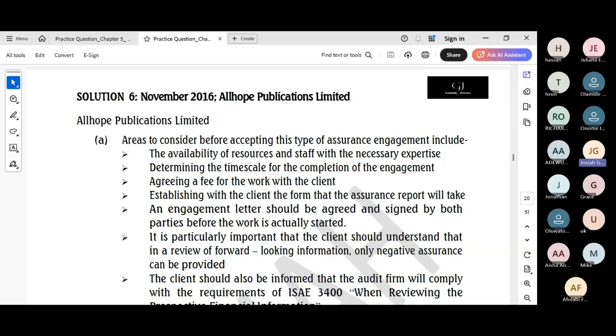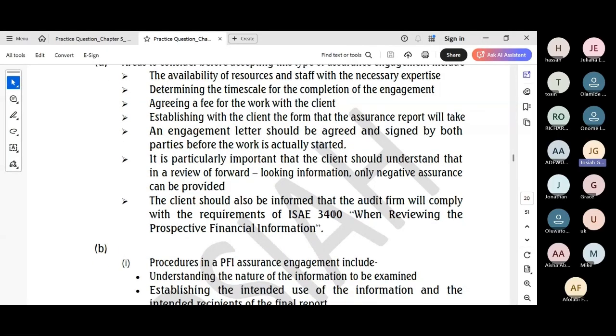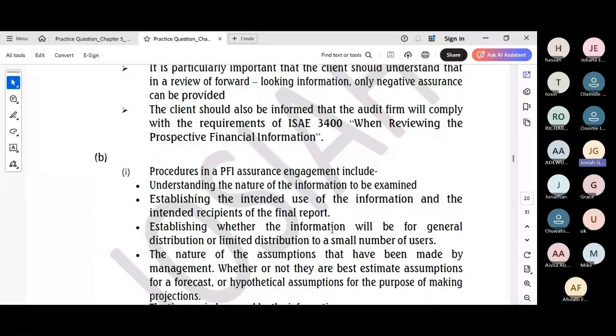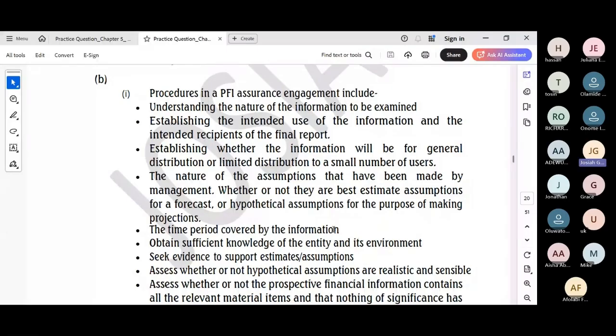So generally in writing the A part, for that 5 marks, 5 points around this would suffice. And for the B part, procedures before accepting the engagement, which is 10 marks.